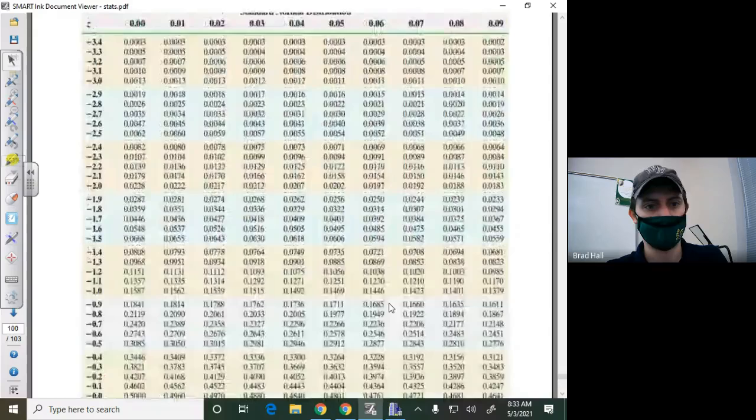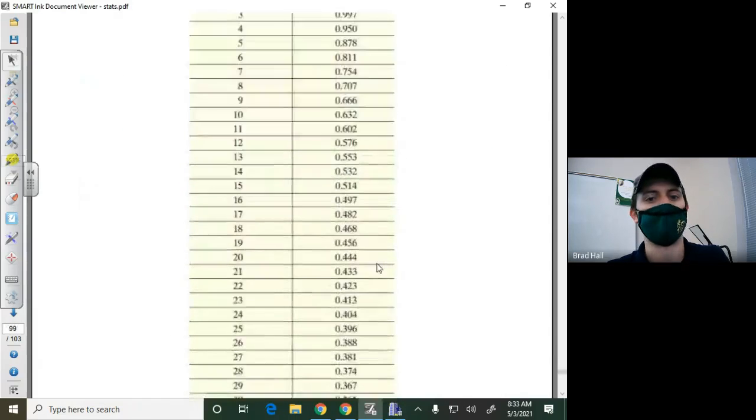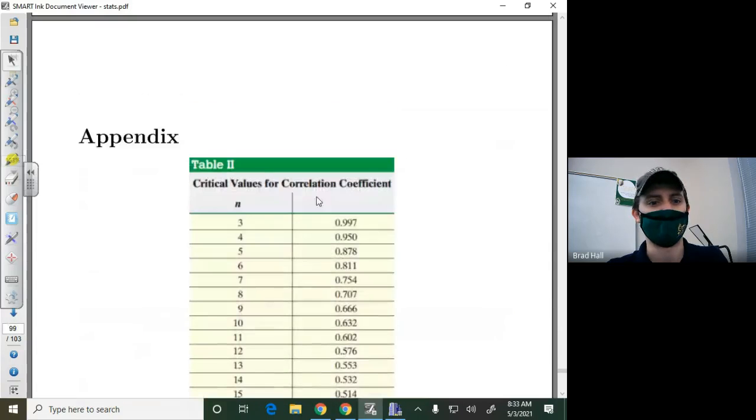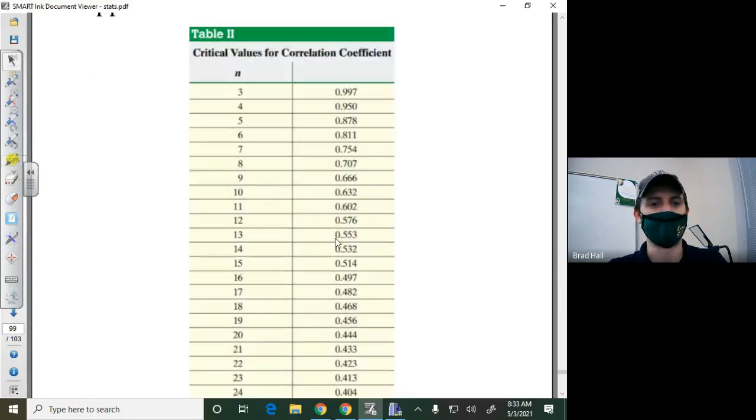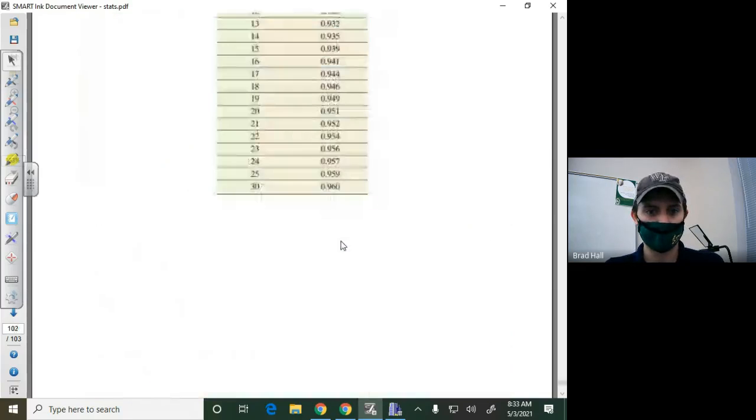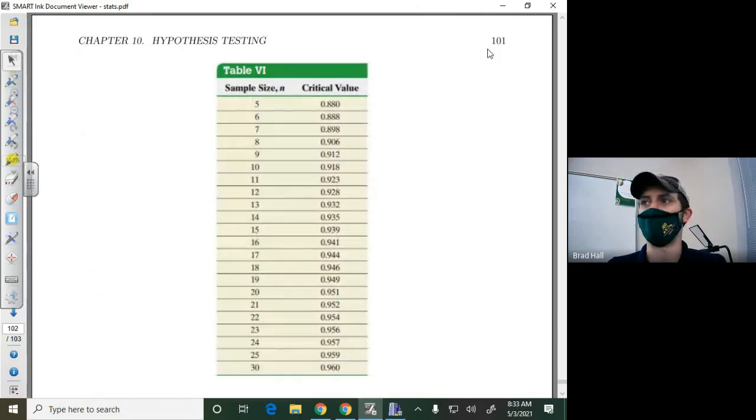Make sure that is the correct table, right? Yes. So it's not this one actually. It's not the correlation one. It's not table 2. It's table 6 here on page 101 of the notes.